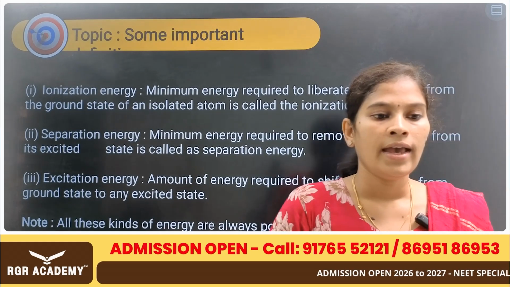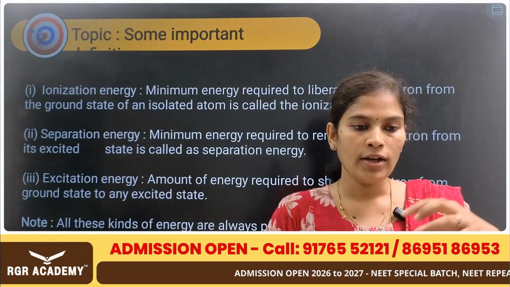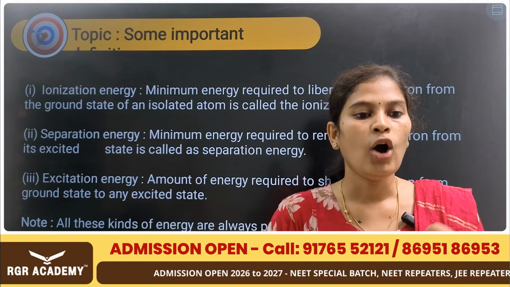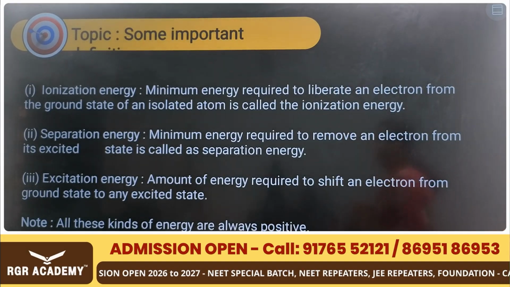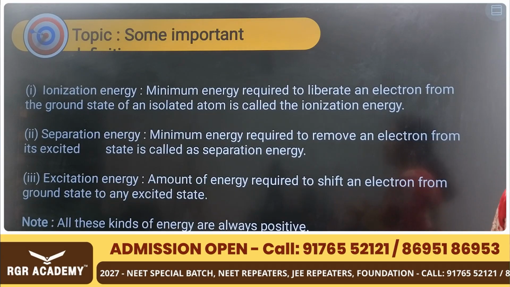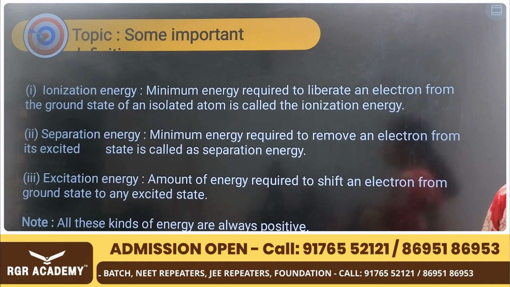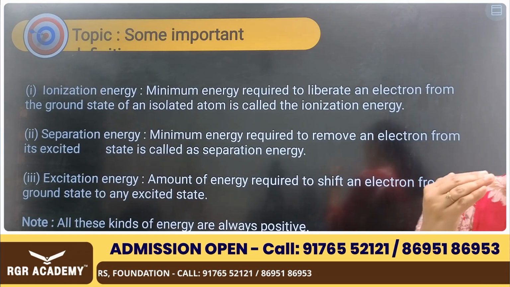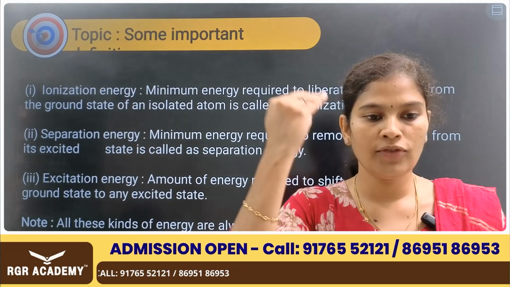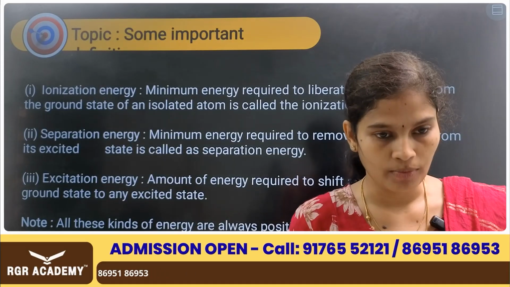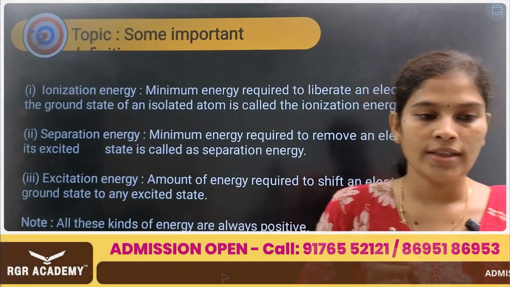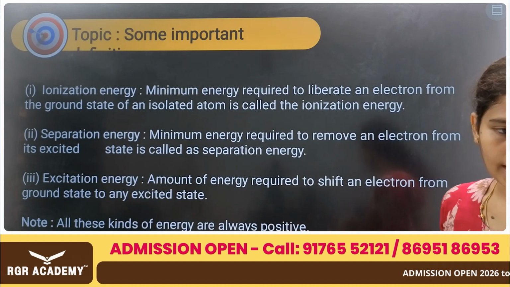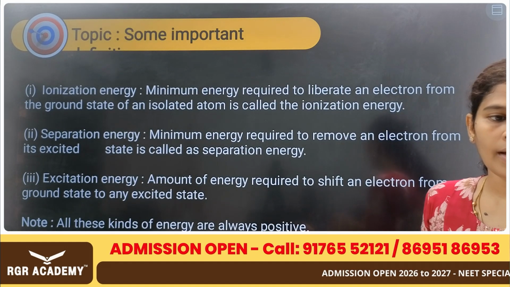If the electron is already in the excited state, how much energy is needed to remove that electron from that excited state is called separation energy. Excitation energy: if I want to convert the electron from the first level to the fifth level, how much energy it has to absorb? That is the excitation energy. So these are all in the energy absorbed category, energy needed, so it will be a positive value.